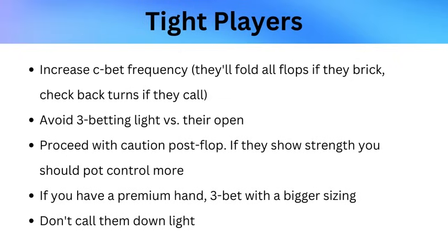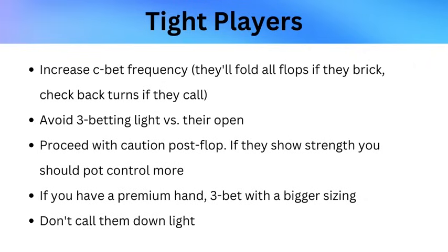I would just play more of a pot control strategy versus them and do more calling rather than raising. And definitely if you do find yourself putting in a raise post-flop and they come over the top and you have a semi-bluff or something, then I'd probably do more folding.